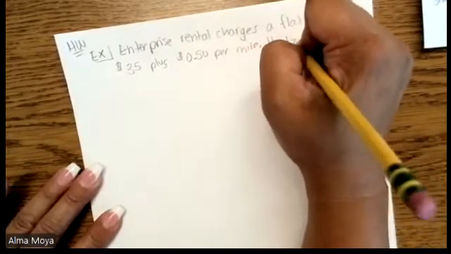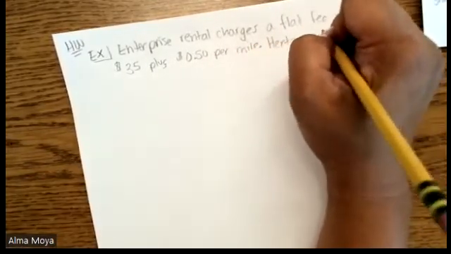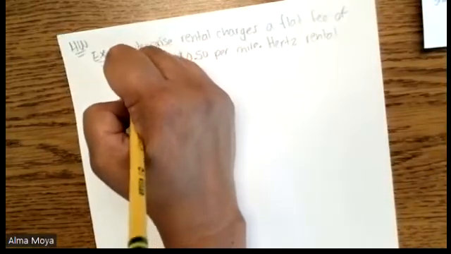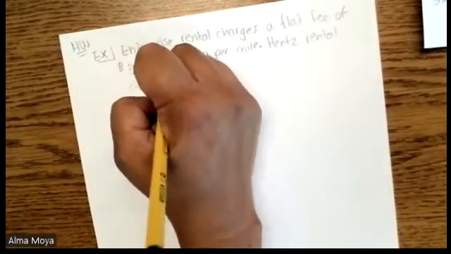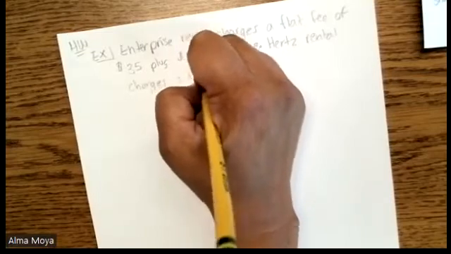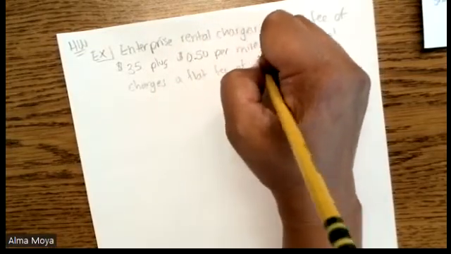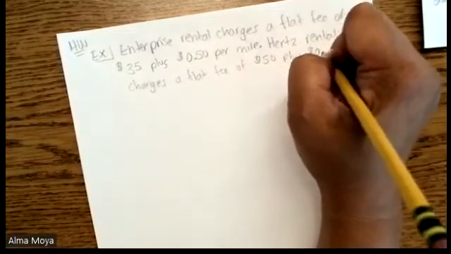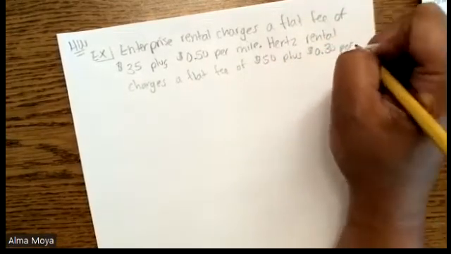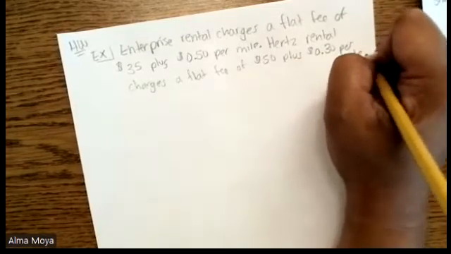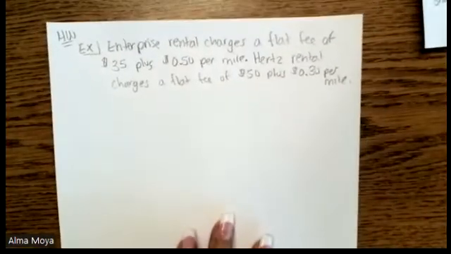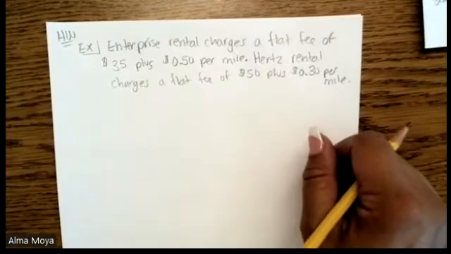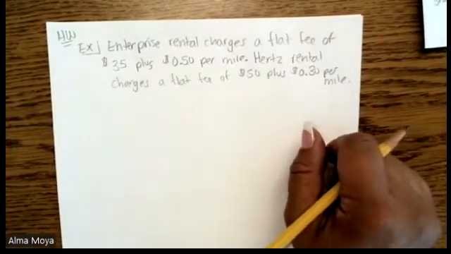Hertz rental charges a flat fee of $50 plus 30 cents per mile. So one will be cheaper if you don't drive a lot. The other one will be cheaper if you drive a lot.